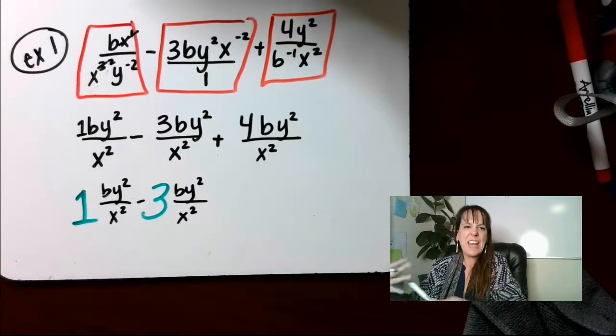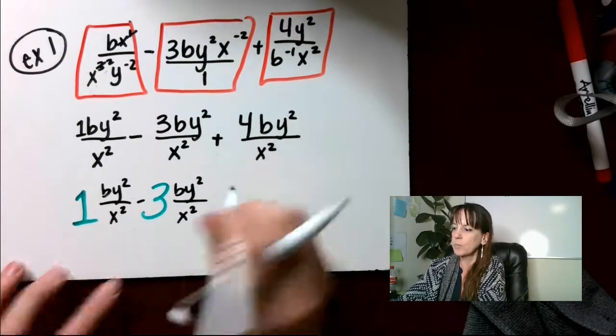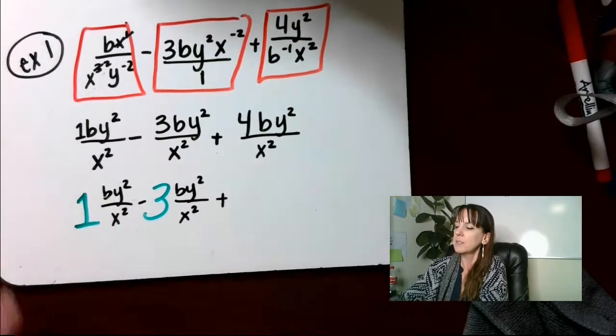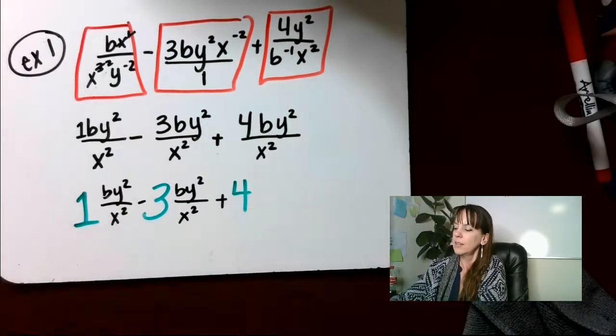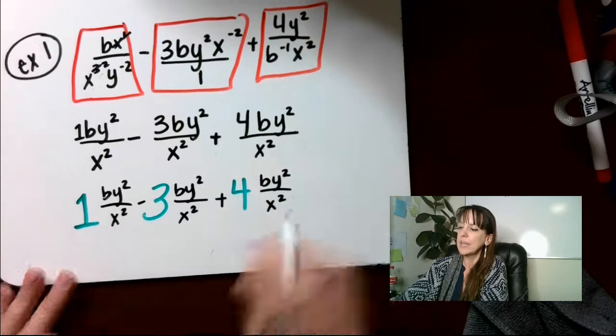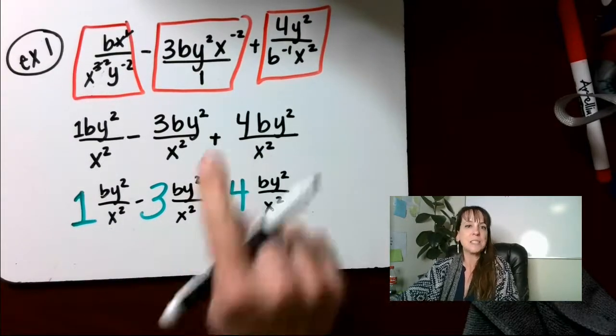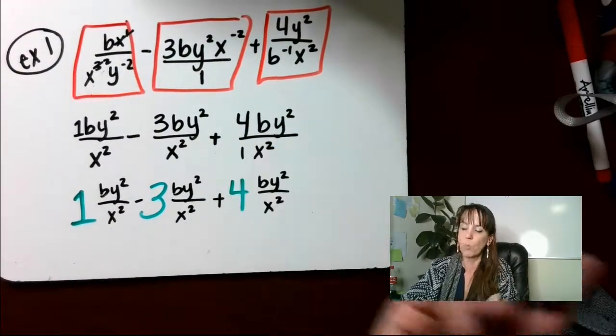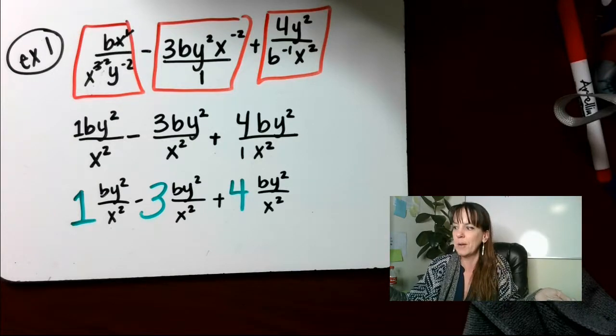So this is just like our tag that allows us to group those things. Plus 4 by2 over x squared. Now I wrote these numbers big because they're on the top here, so they're really over 1, and that just makes it a big number.